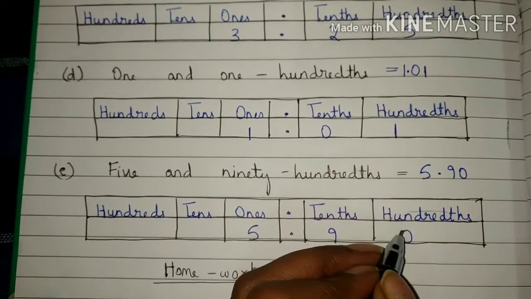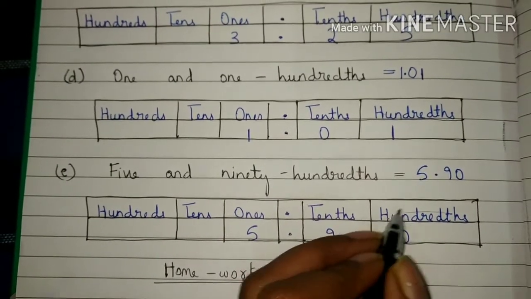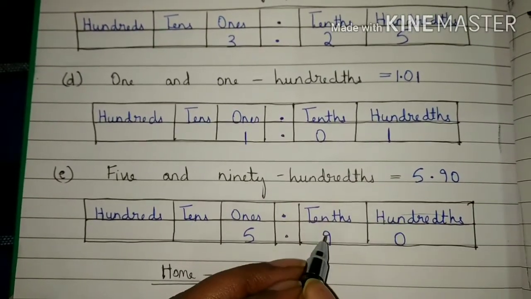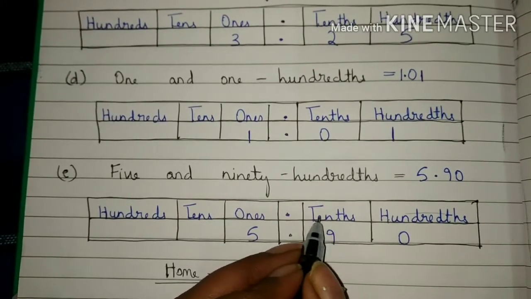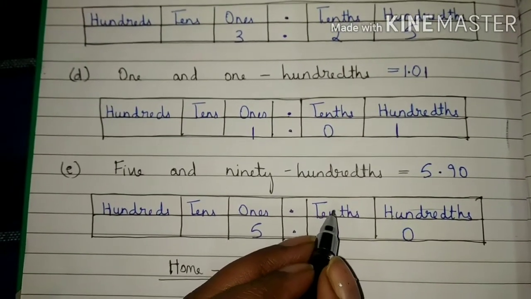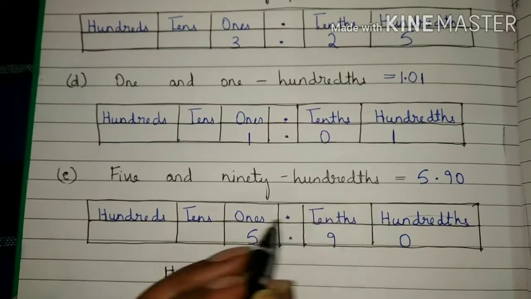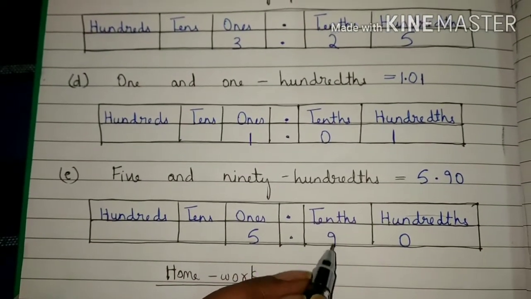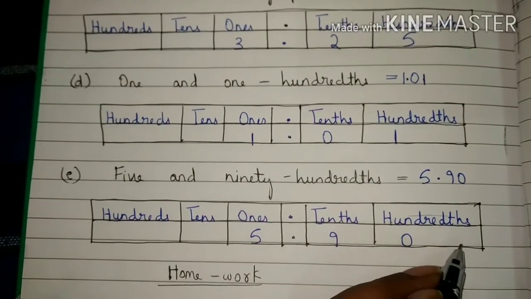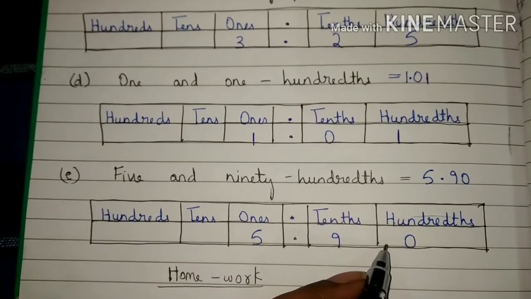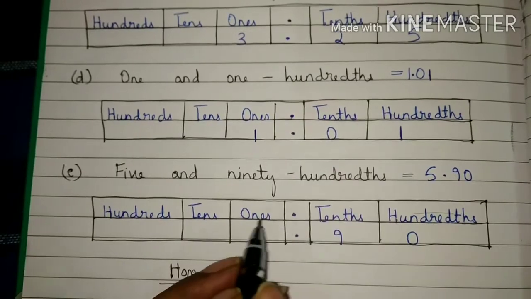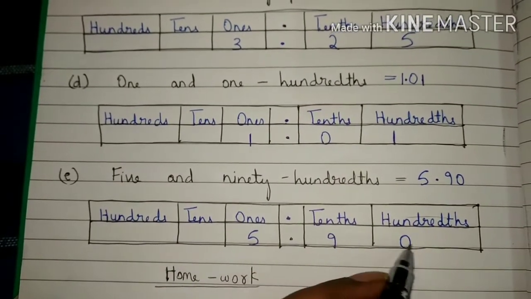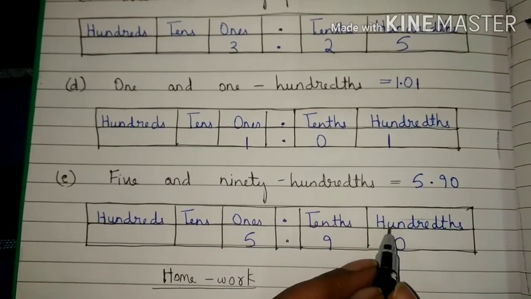So, you will write 90 after the decimal point. You will write 0 at hundredth place, 9 at tenth place. Now students, 5.90 is your answer and we will read as 5 and 90 hundredth.